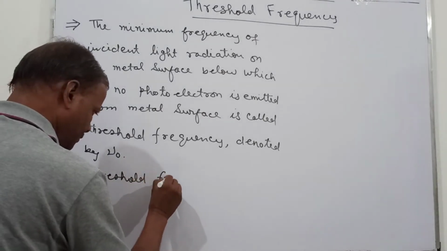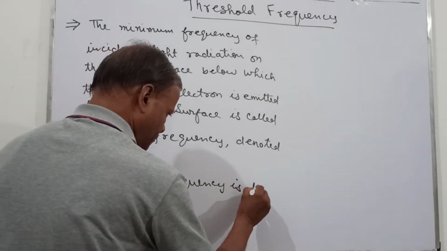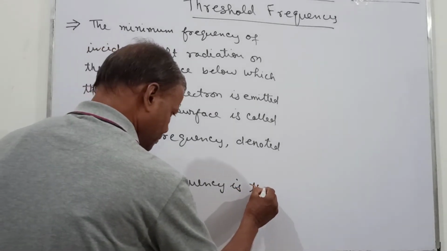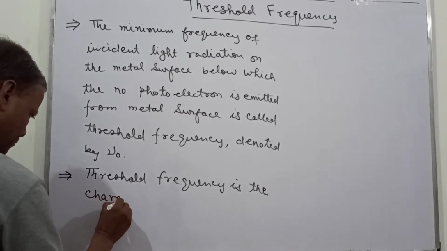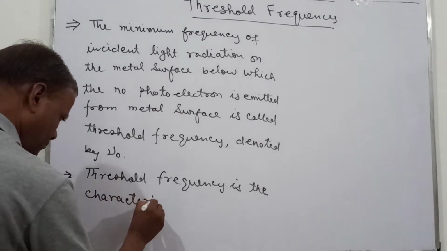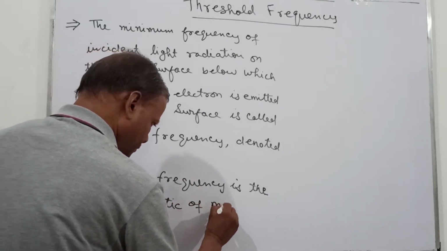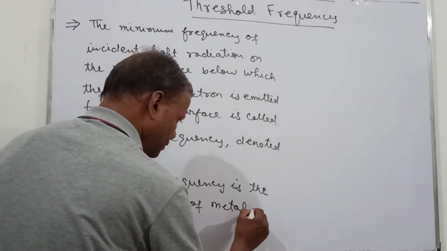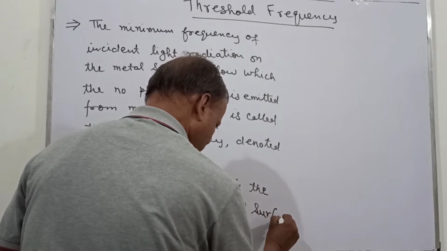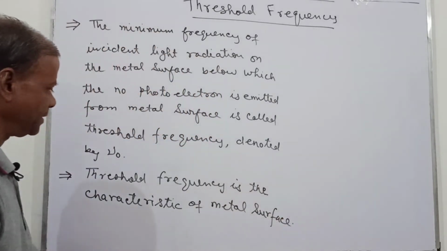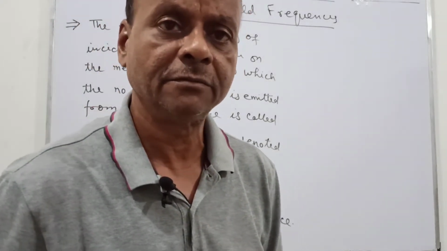Threshold frequency is the characteristic of metal surface. It means that the threshold frequency depends upon the metal, so it is different for different materials.